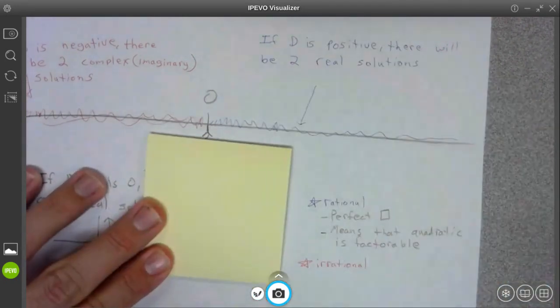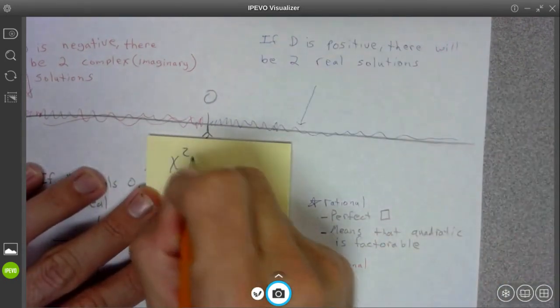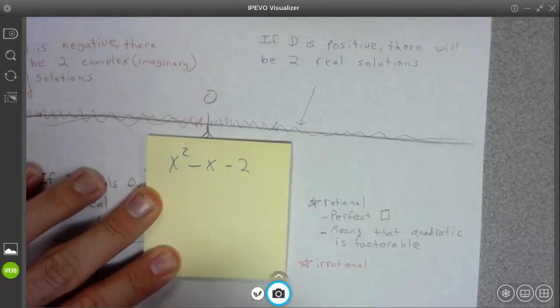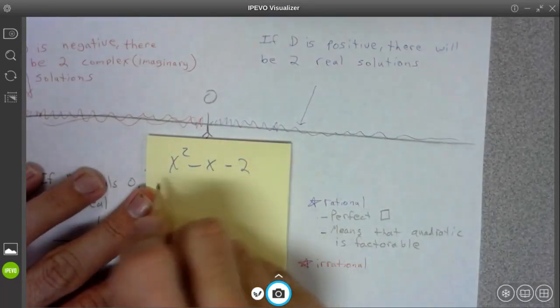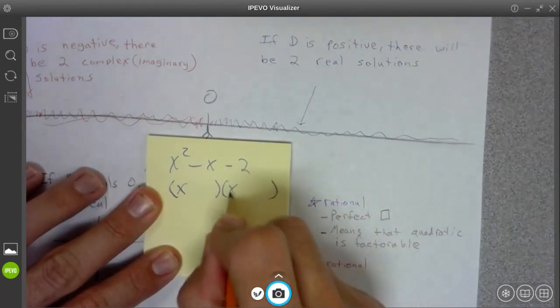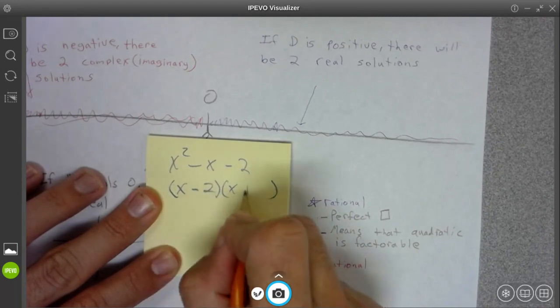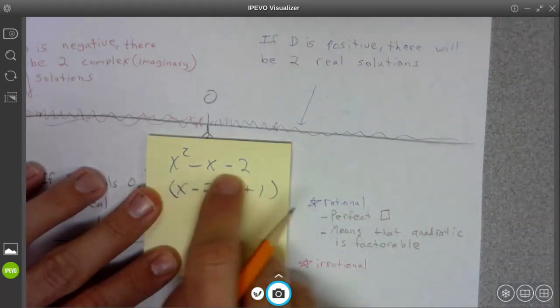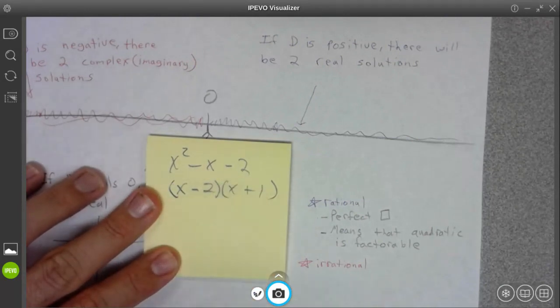Remember, factorable means that it can be rewritten in terms of multiplication. So it could be x minus 2, x plus 1 in this case. And if you were to find the discriminant of this, it would be a perfect square because it is factorable.